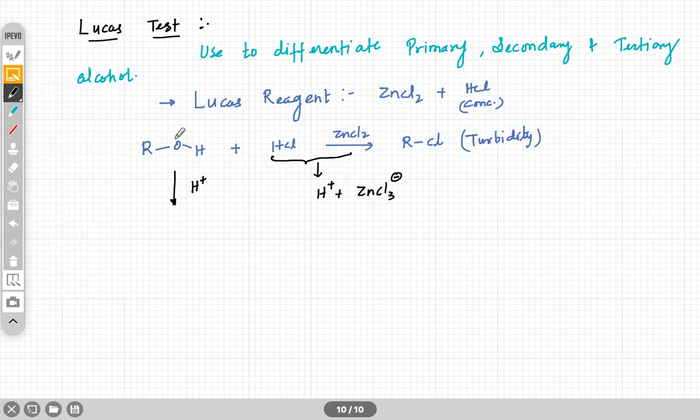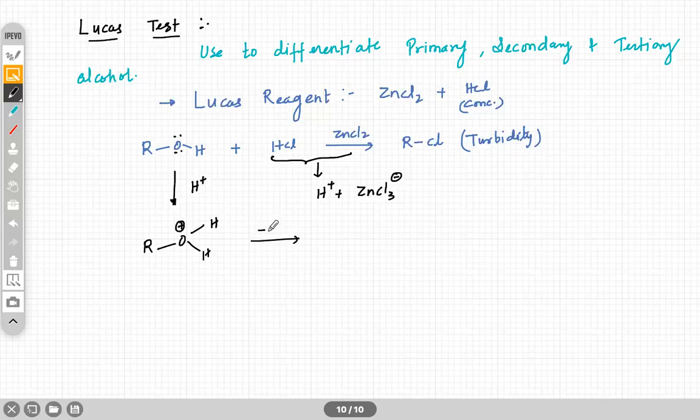It protonates the alcohol and it forms ROH with a positive charge on it. And then there will be elimination of a water molecule. It converts into R plus and H2O.